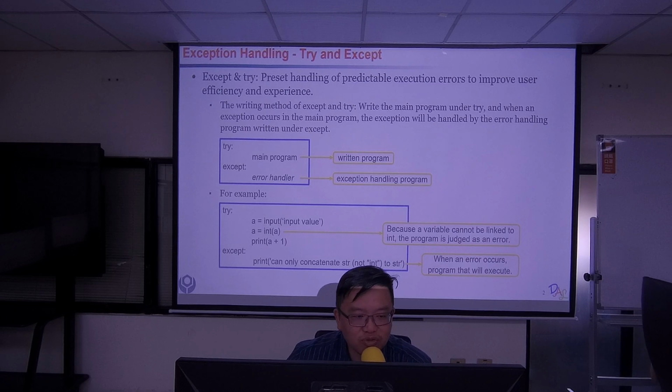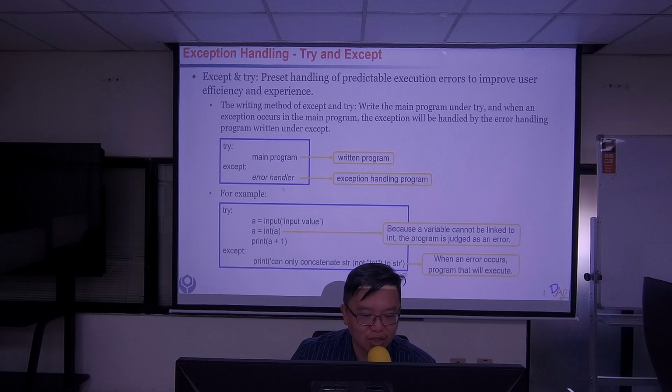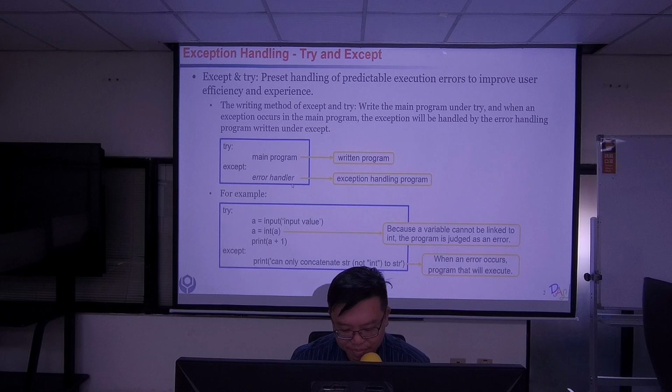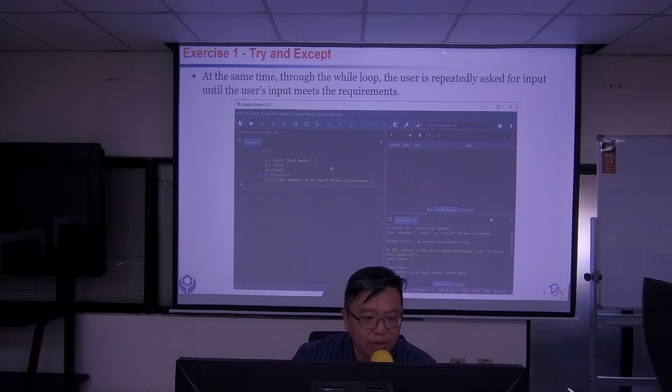But if you have try except, then Python will try the code for you, and if there's an error, it will help you to see what's going on. Okay? So let's just directly go to an example.